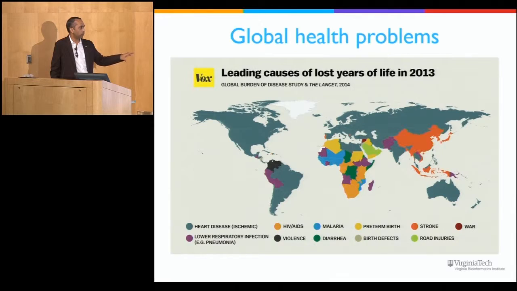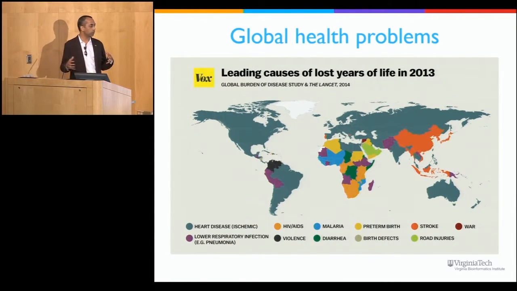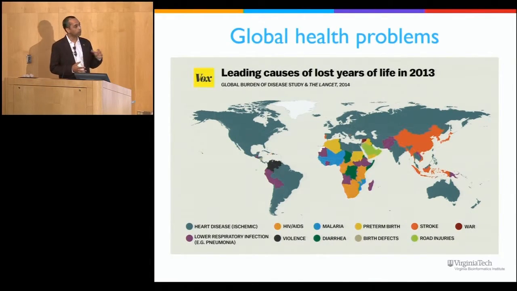And what you'll find is that, broadly speaking, you have developing world problems, which have much more to do with infectious diseases, and you have Western world problems, which have more to do with chronic diseases. Right? But that's an oversimplification, because if you really pay attention, you'll find that there is a group of countries that are developing countries but have, so to speak, Western world problems. Right?